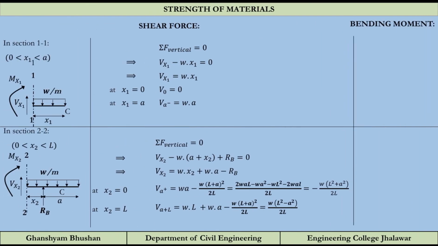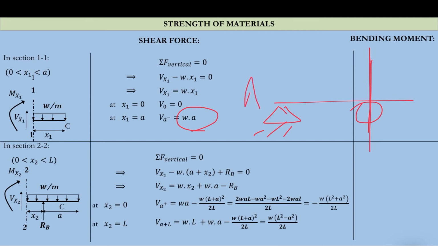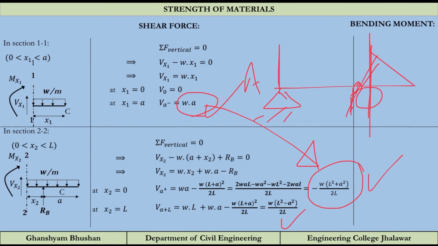As you can see here, the shear force is W into A. At support A it is positive, here also it is positive, and here it is negative, that means somewhere it will become 0. That is quite possible, because from positive to negative it will be 0 somewhere. So we have to find the location where the shear force becomes 0.